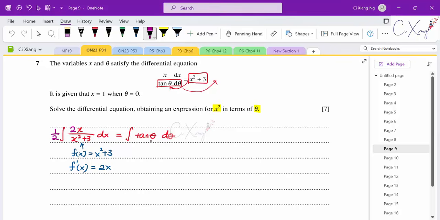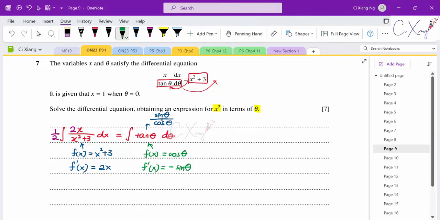Same thing happens here for tangent. You should know that tangent theta can be written as sine over cos. It is still a fraction, which means if I let function f(x) become the denominator, which is cos theta, then what is my f prime x? Differentiate cos, you get a negative sign.